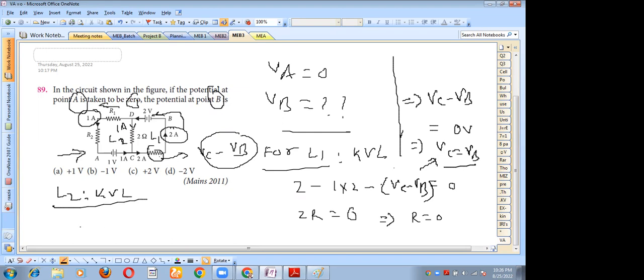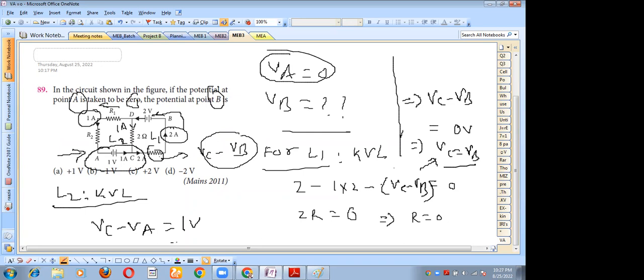So how to apply KVL in loop L2? We can also do it like this. If you see the branch below, you can write Vc minus Va equal to 1 volt, since the battery is given. And in the question Va is 0, right?